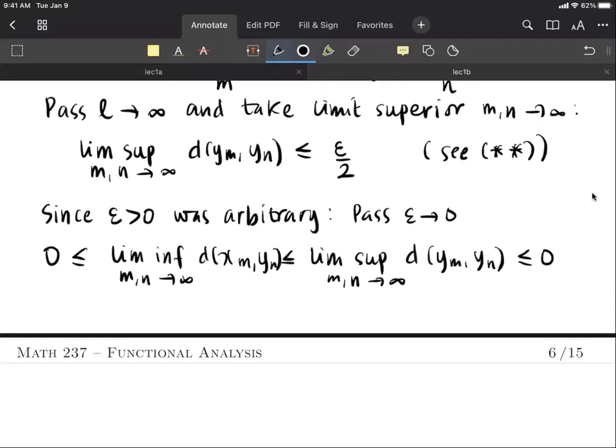So it will be squeezed, meaning the limit inferior and the limit superior coincide, and in fact the limit must be 0. So therefore, the limit as m and n tend to infinity of d(y_m, y_n) is equal to 0.